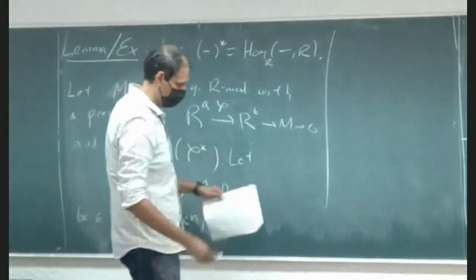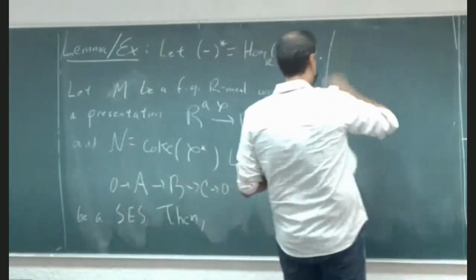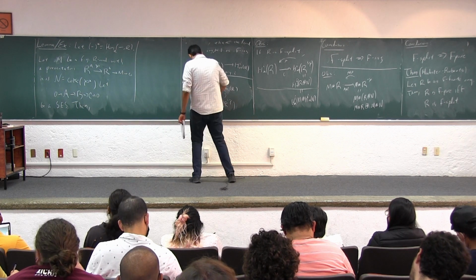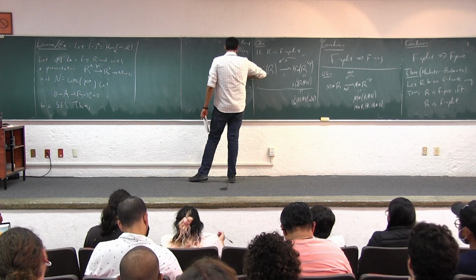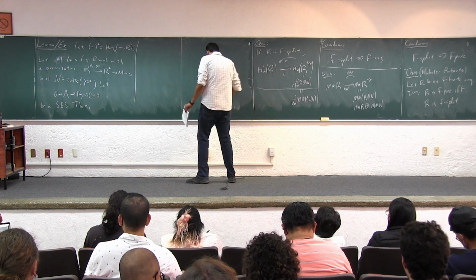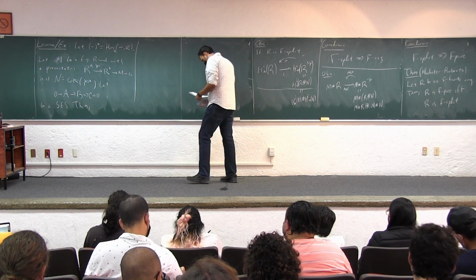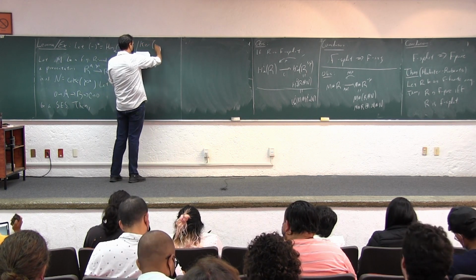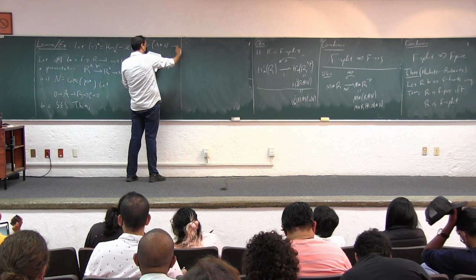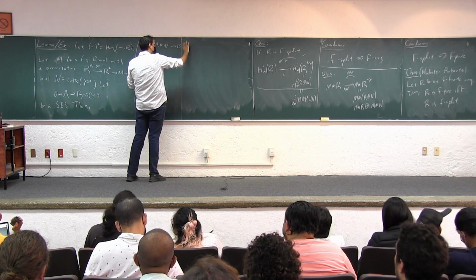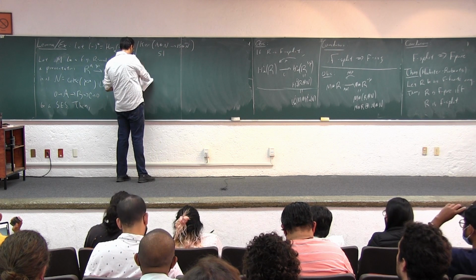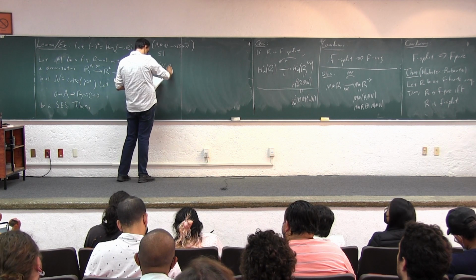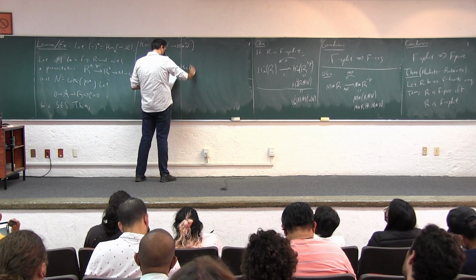Then the kernel of A tensor N to B tensor N is isomorphic to the kernel from MB to MC.